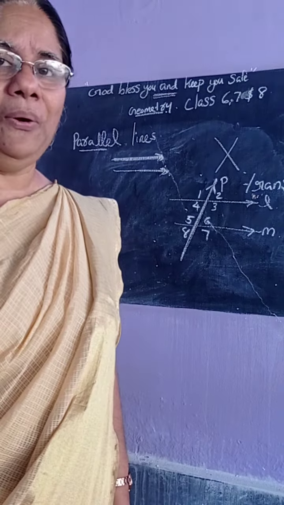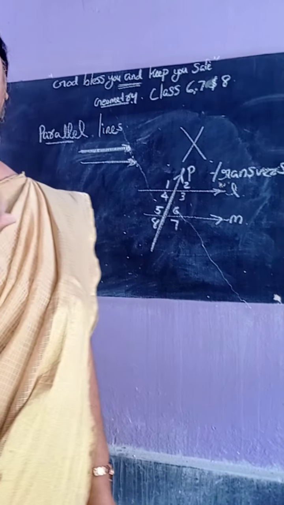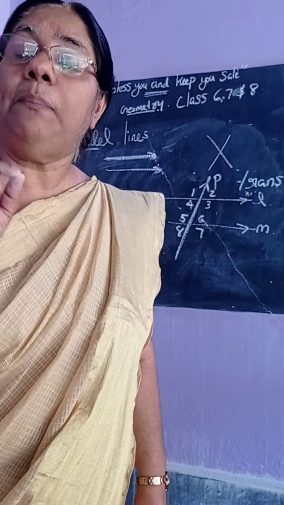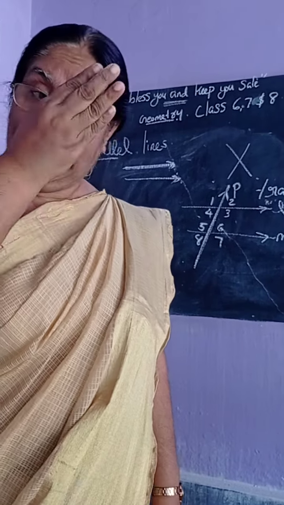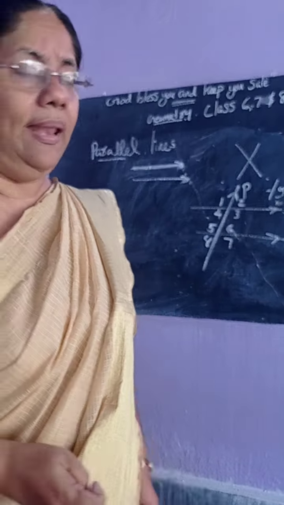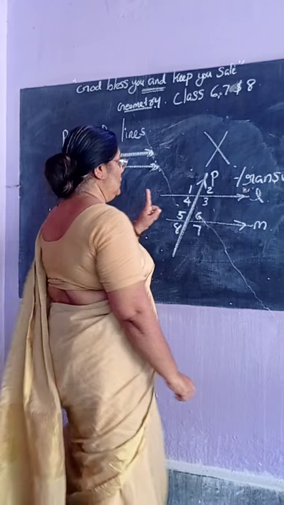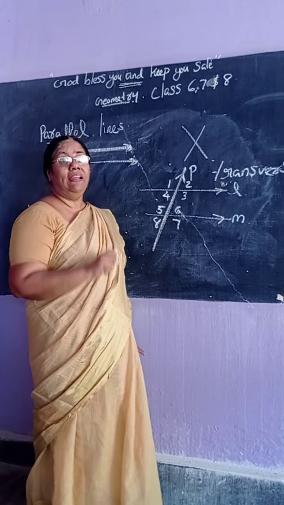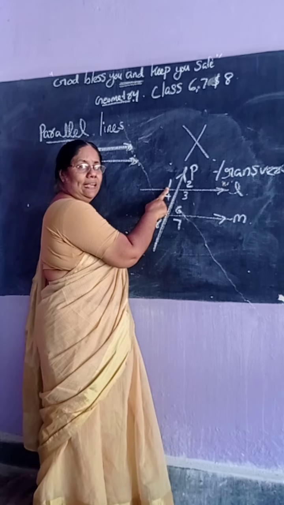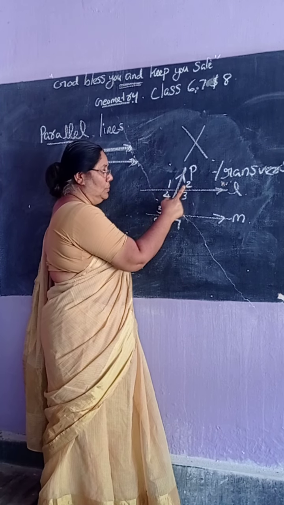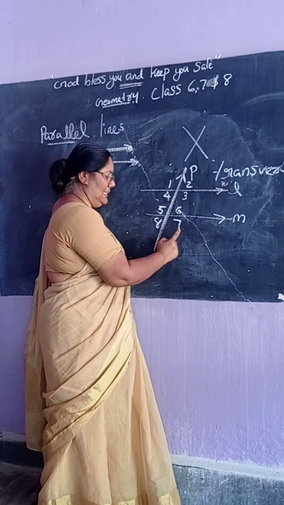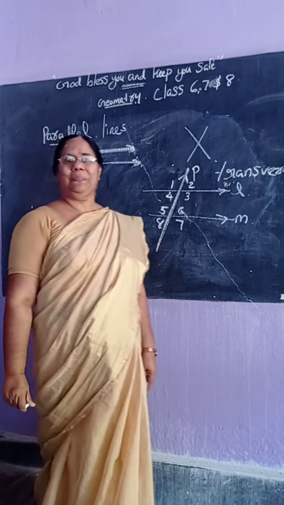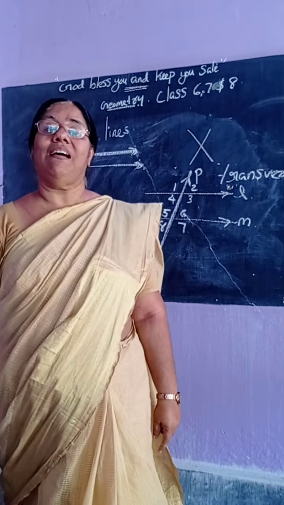All of you look at the board. If you draw two parallel lines and that parallel line is cut by a transversal, then in this figure you can mark 8 angles. Starting from here, 1, 2, 3, 4, 5, 6, 7, 8. 8 angles are there.